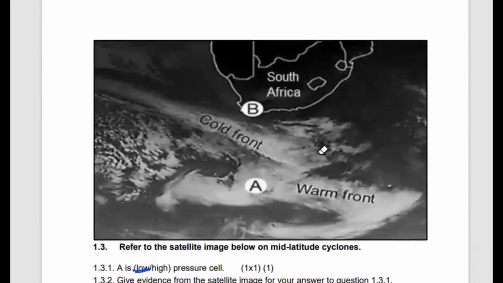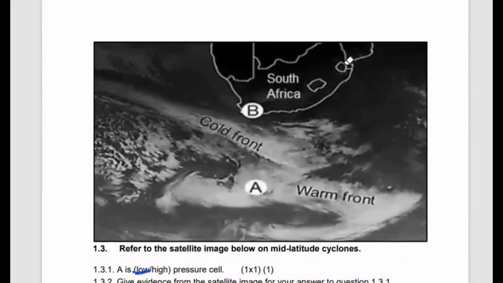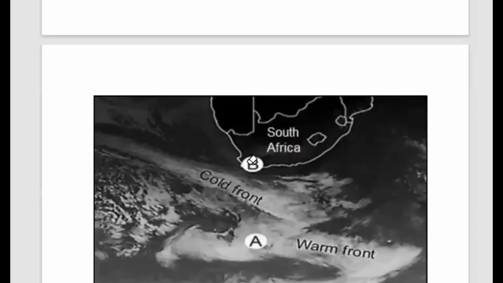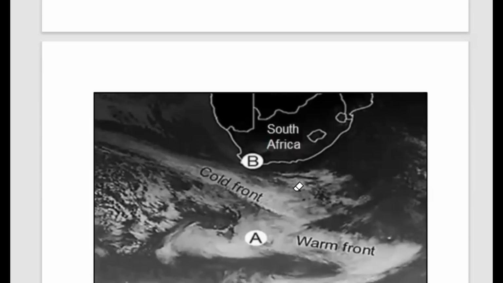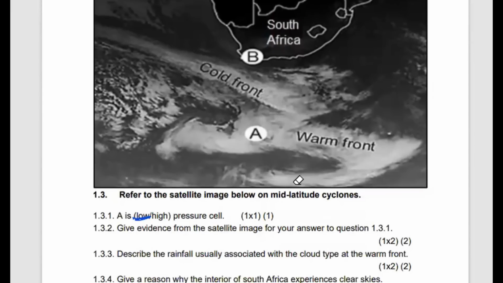Let's go to our system. We are seeing that the interior of South Africa is here. It's clear. The clouds are further to the south. They are happening over the ocean here. The mid-latitude cyclone is actually moving over this ocean here, while the interior of South Africa is having clear conditions.